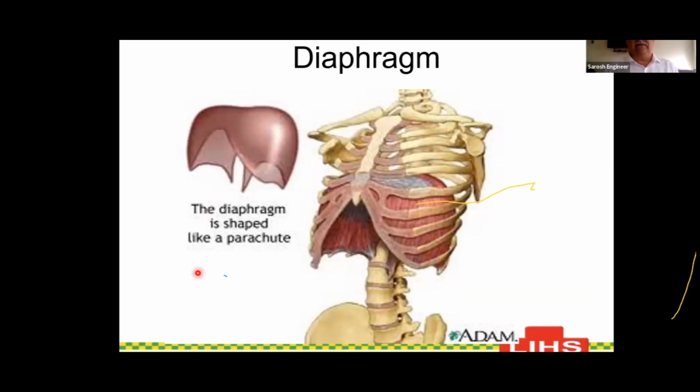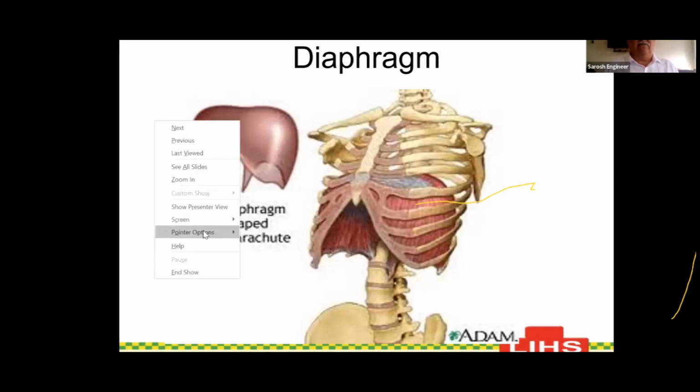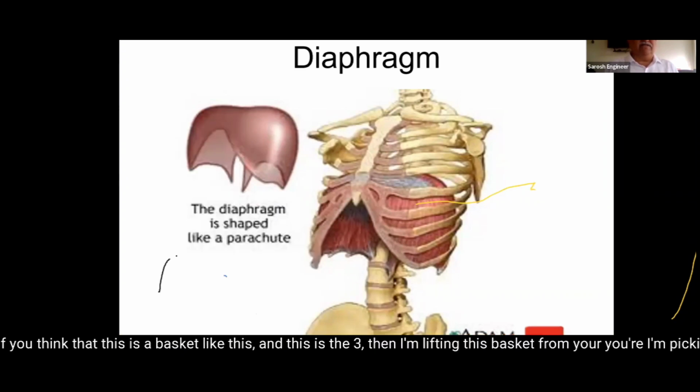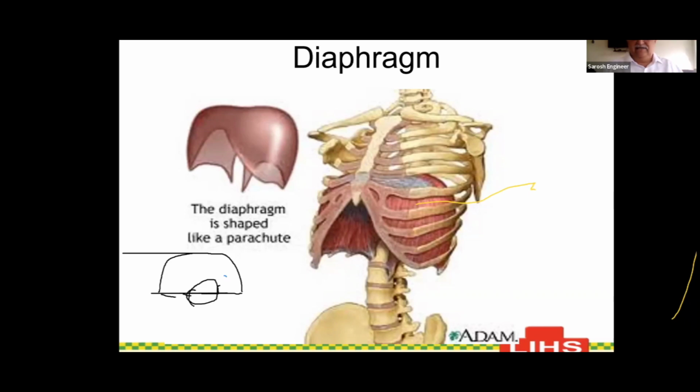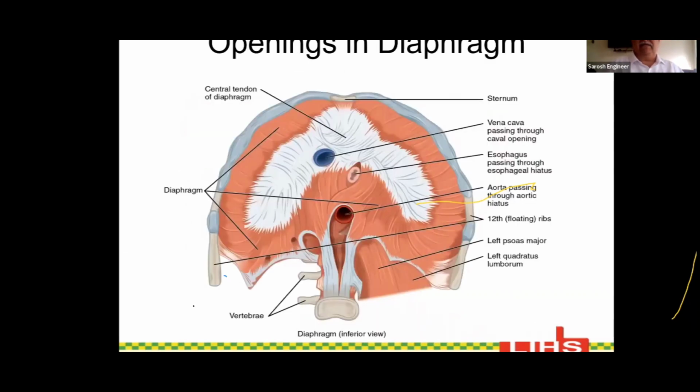So if you can imagine, instead of it being an umbrella, if you think that this is a basket like this, and I'm lifting this basket from here, if you pick up the basket, then it will become like this.